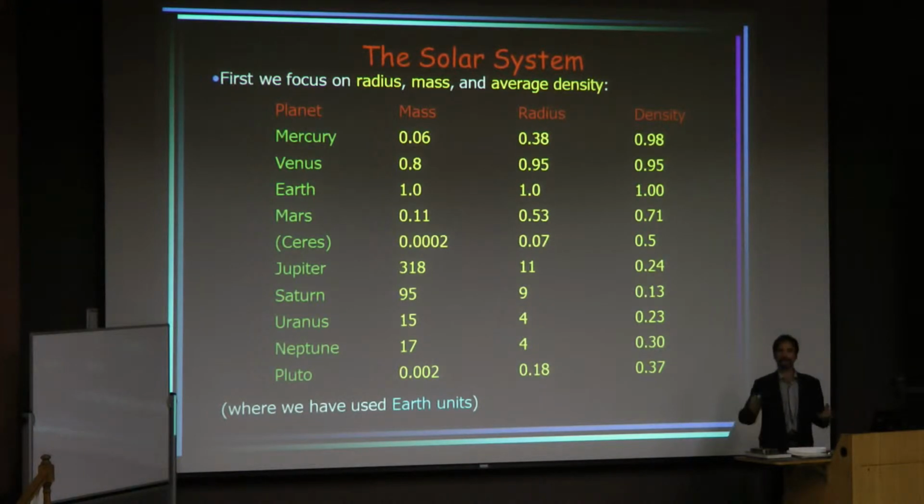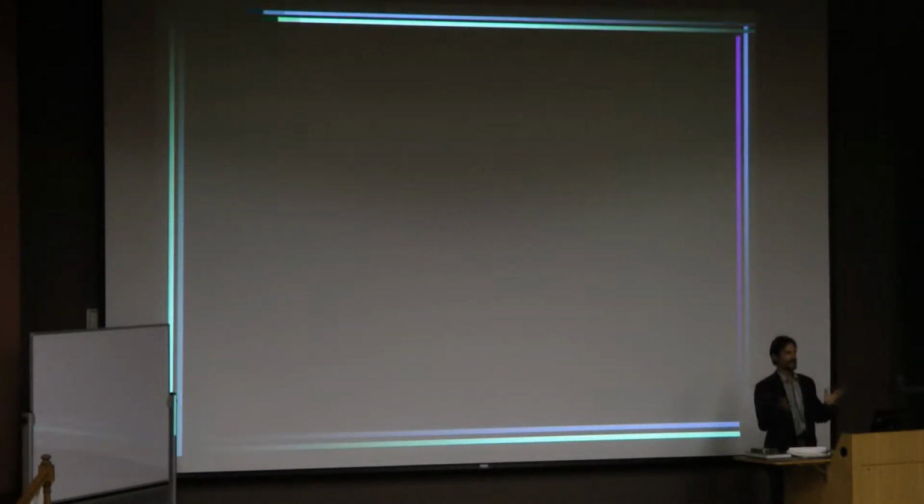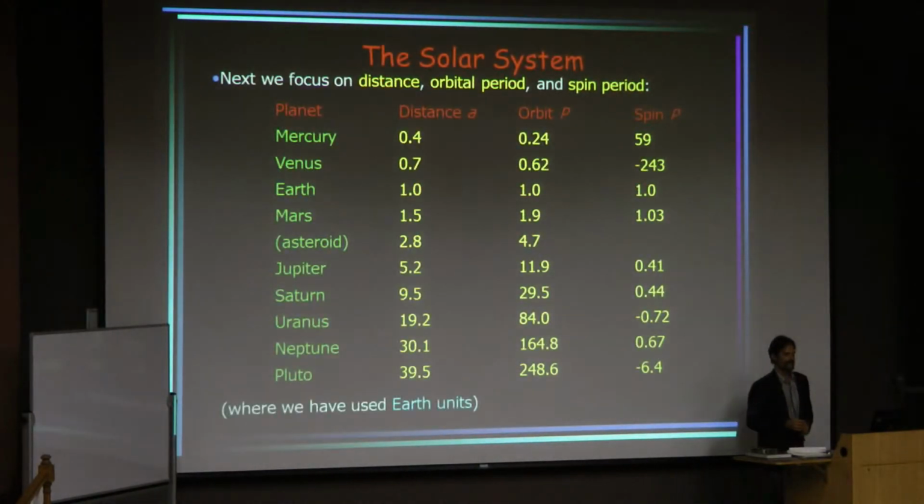Even in our own earth, dense material tends to accumulate at the center of the earth. Our iron core is much more dense than the rocky material around the edge. So differentiation can occur in a body like the Earth, where we have dense material at the core, and it can also occur in a system of bodies like the solar system. But the general idea is that denser material tends to accumulate closer to the center of gravity.